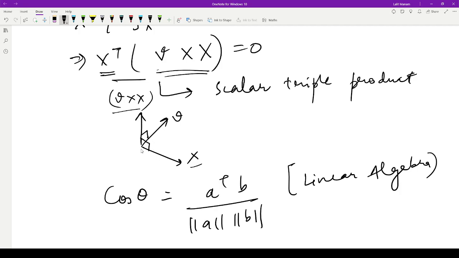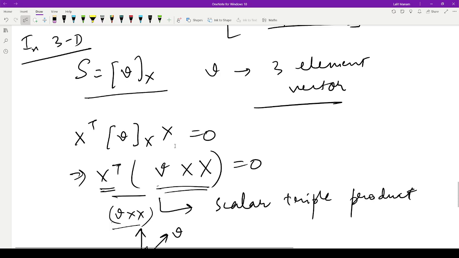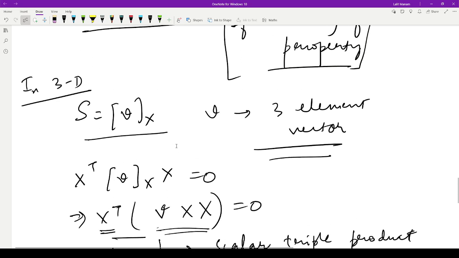So if cos theta is 0, that means this whole dot product is 0, right? I guess you understood. Yes, sir. Great. So this holds true for a three element vector, just an intuitive idea of why it should hold true.